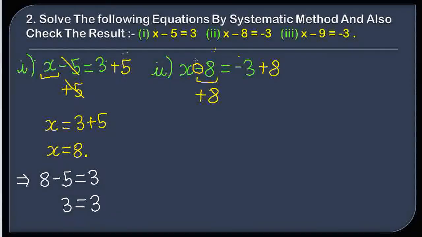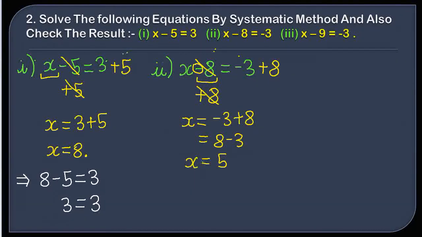On the left hand side, minus 8 and plus 8 will get cancelled out. We get the answer as x is equal to minus 3 plus 8. And remember, we can also write it as 8 minus 3, that is 5. x equals 5.